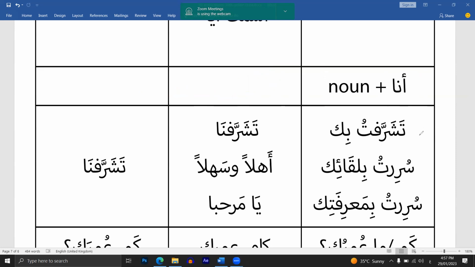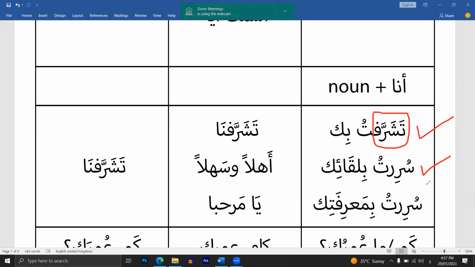In standard Arabic, you can use these expressions. تشرفت بك. The verb تشرف means to be honored. So تشرفت بك means I am honored with you, or nice to meet you. سررت بلقائك.